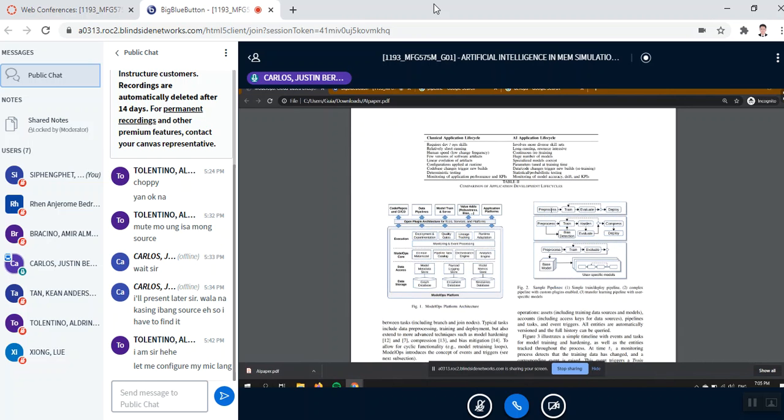So what happens here is that data is pre-processed, which then gives an issue to train the AI model, which will then be evaluated. And during the process of evaluation, it could keep on repeating, it could keep on training until it reaches a certain standard before being deployed.